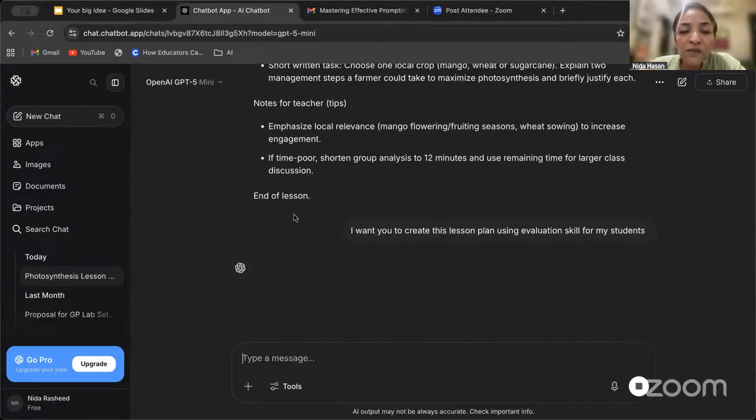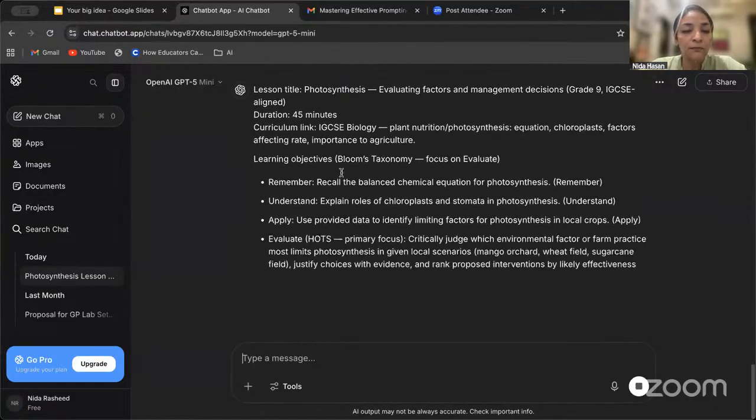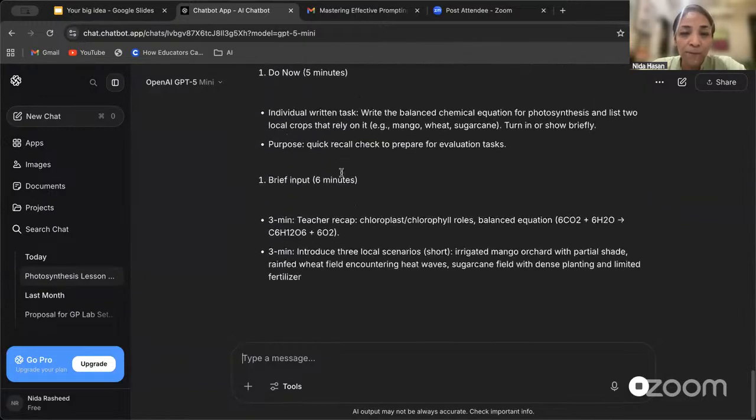So this is where I can make edits, and look at how fast it will create a new lesson plan for me with the edits that I have suggested.